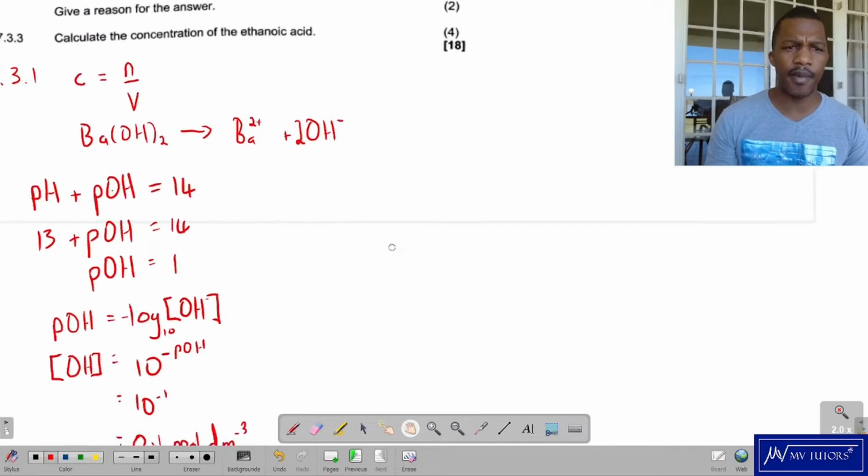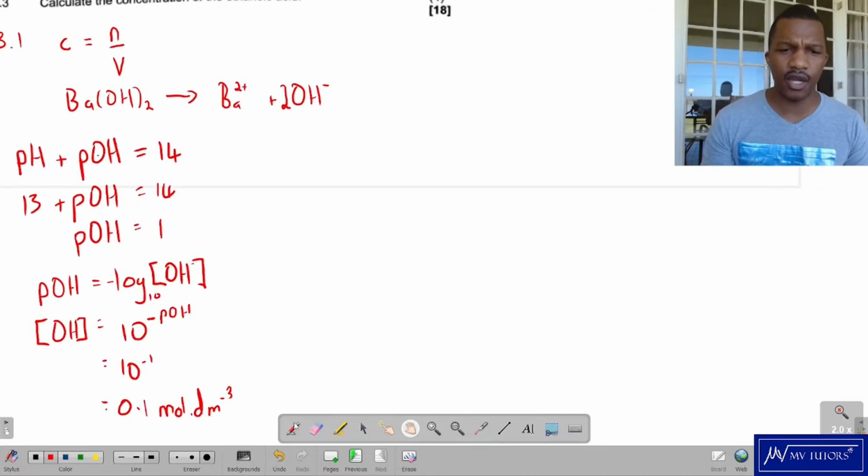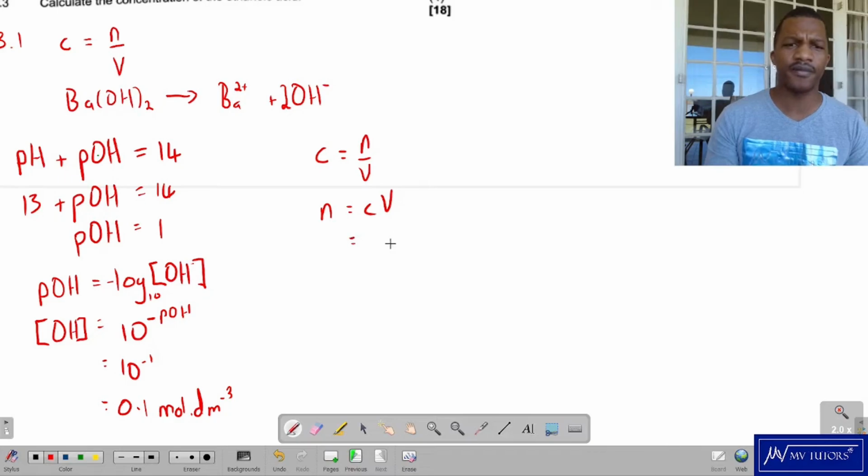Now we're gonna come back and say the concentration is equal to the number of moles over volume. We want the number of moles, so that's going to be equal to CV, okay, and the concentration is 0.1 times what's the volume.